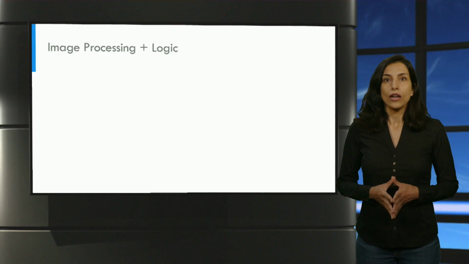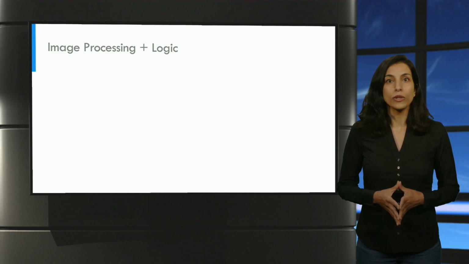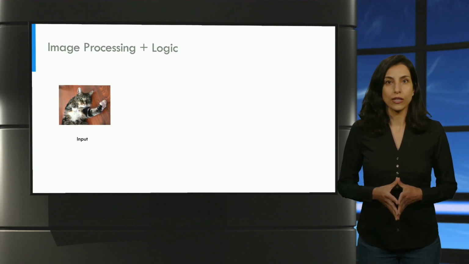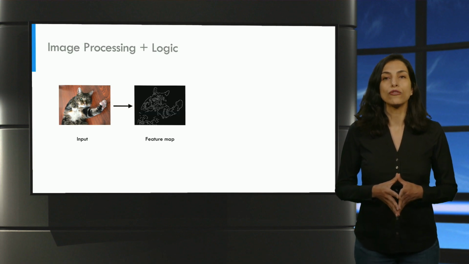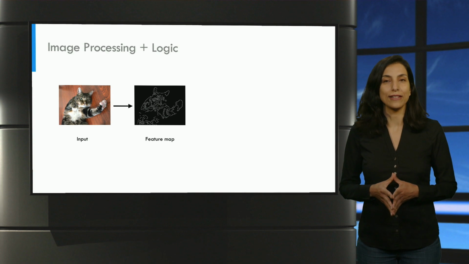In classical computer vision, image processing is used to extract visual features to perform the classification task. The input image is transformed into the feature space. That is, in our example, a black and white image featuring the edges of the cat in the image.